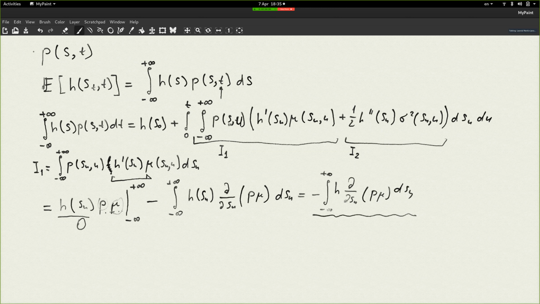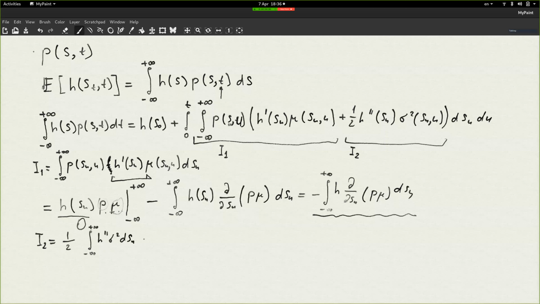Now, in a slightly more involved, but still exactly the same way, we evaluate the integral I2. I2 equals to, okay, 1/2. Let us carry it along because otherwise we'll very easily forget about it. Integral from minus infinity to plus infinity, h double prime sigma squared dsu.